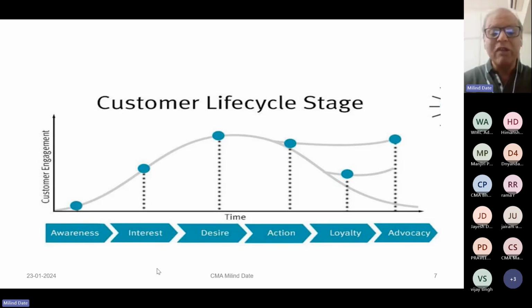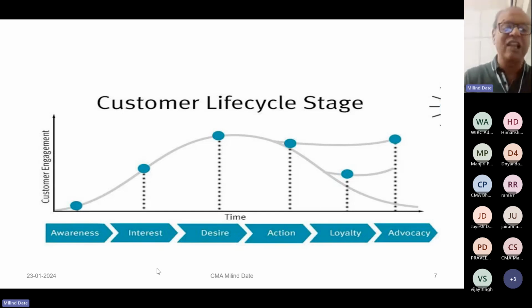Company will have to spend money on creating product or service awareness among the customers. So there will be costs of creating awareness.